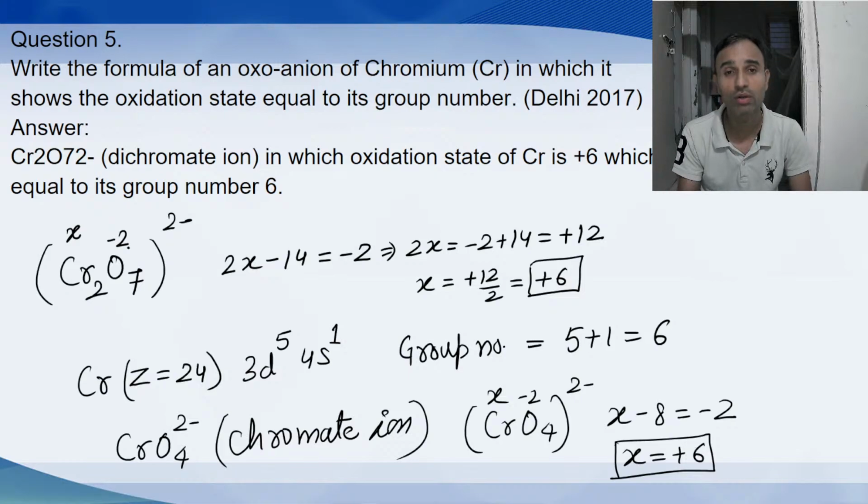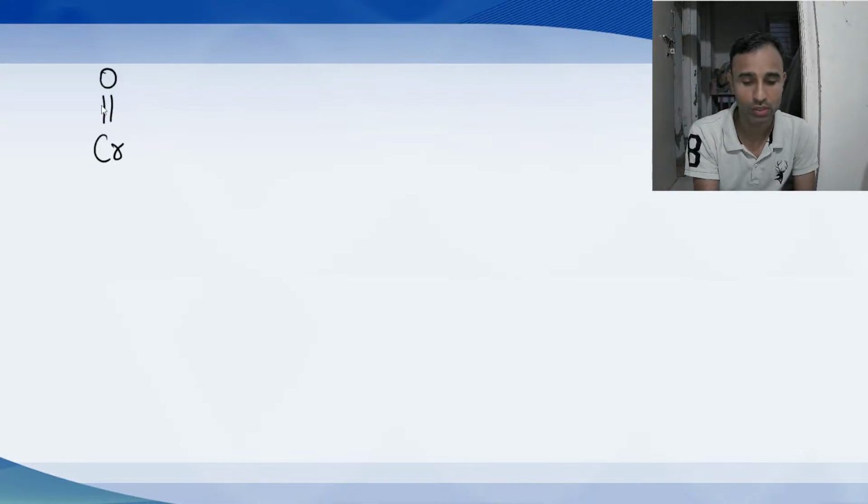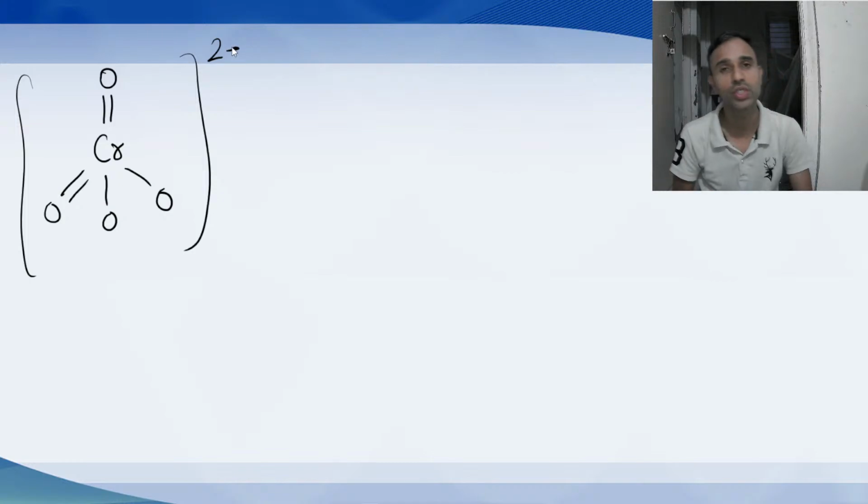Let us write their structure. So this is chromate, and this is dichromate.